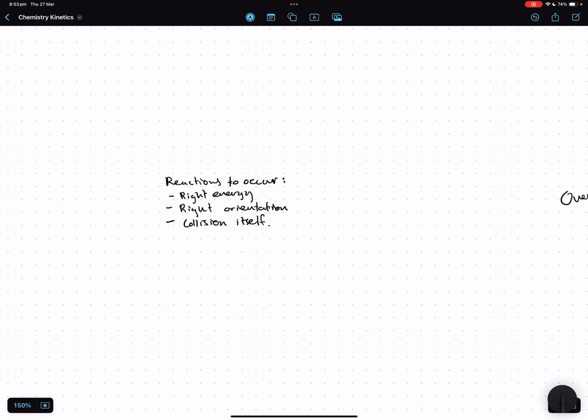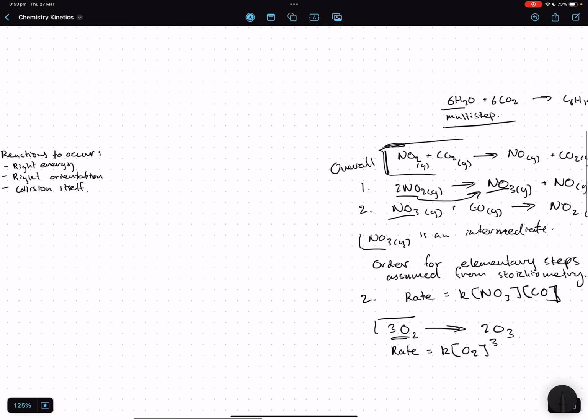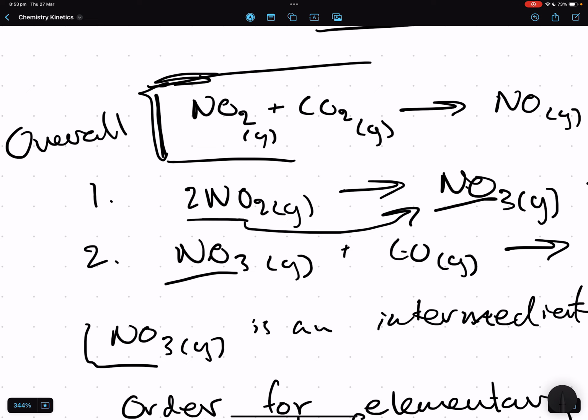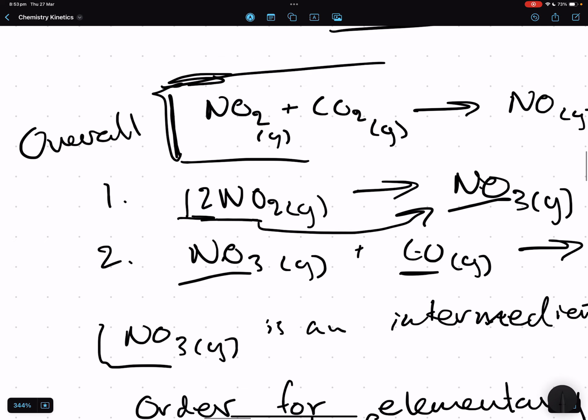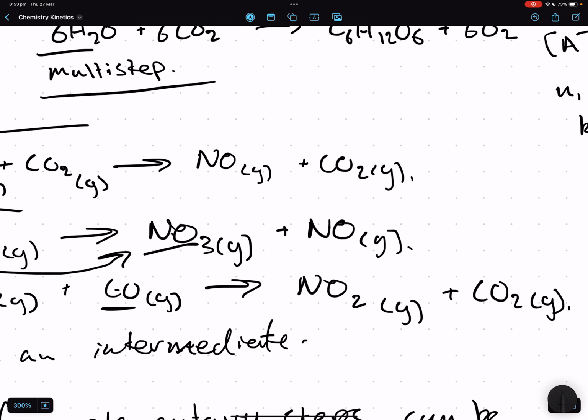You need these three conditions to have a reaction, because without them, the reaction won't occur. So this singular reaction is more likely to occur than this other one, because it's harder for them to bump into each other than for this one just to exist and spontaneously turn into these two NOs.